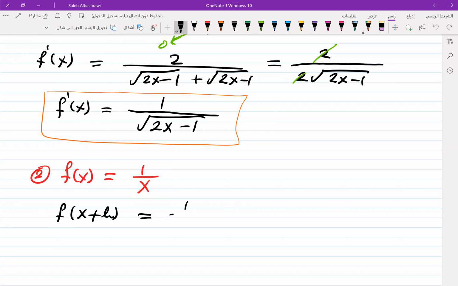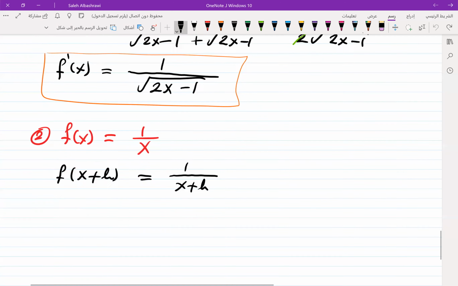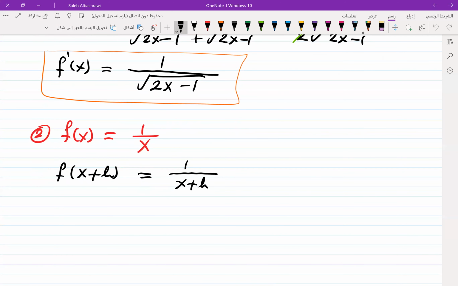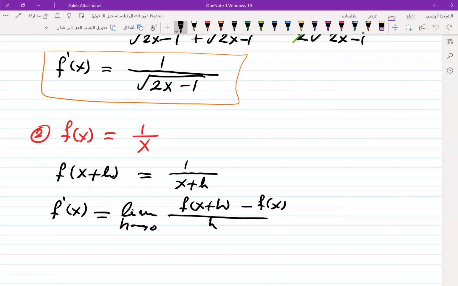So I will have 1 over x plus h. Now find the derivative, which is the limit of f of x plus h minus f of x over h, where h goes to 0.